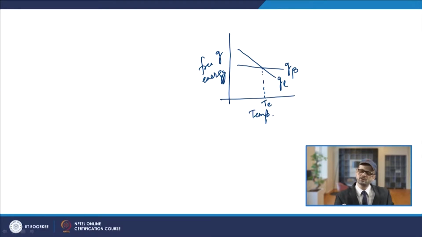Below the equilibrium temperature, the free energy of beta, the solid form, is lower, so the material exists in the solid state. Once you increase the temperature beyond the equilibrium or melting temperature, the liquid phase has the lower free energy value, so it comes into the liquid state.